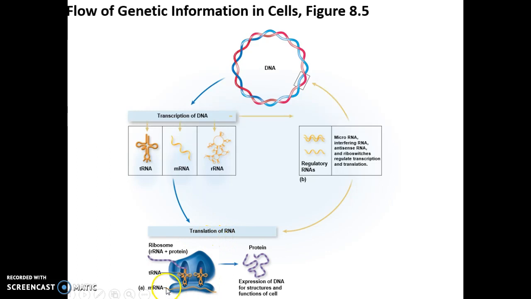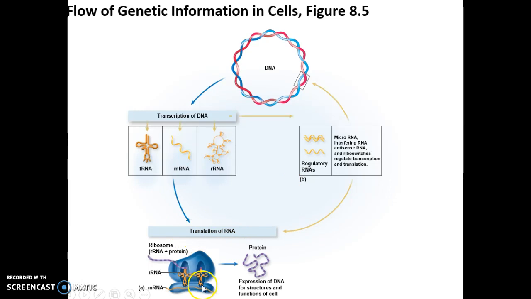Translation takes the mRNA sequence that you have down here, this little strand, in connection to the ribosomes. And ribosomes are made from small proteins and these ribosomal RNA molecules. The ribosomal RNAs are very, very small fragments of RNA. Those two create the ribosome, and then you have these transfer RNAs.